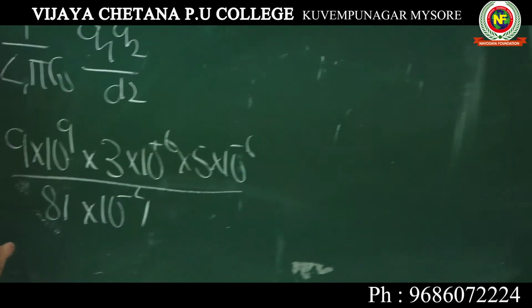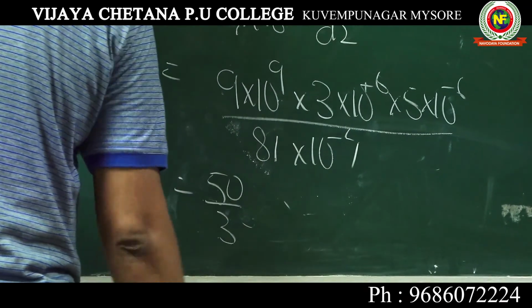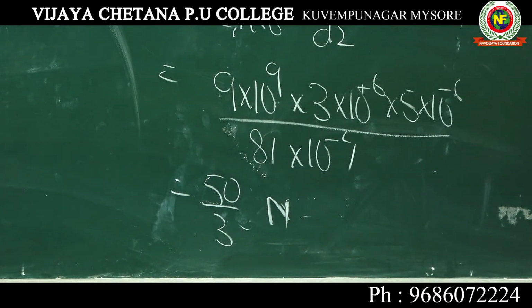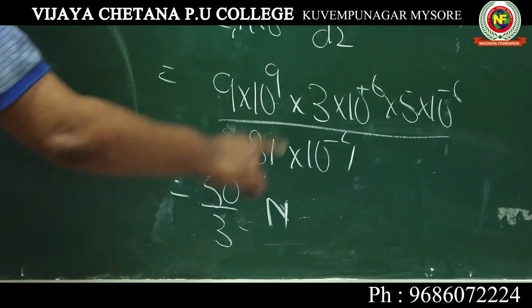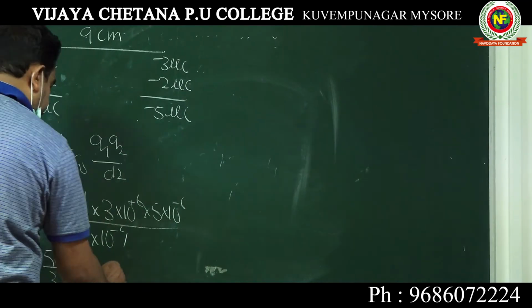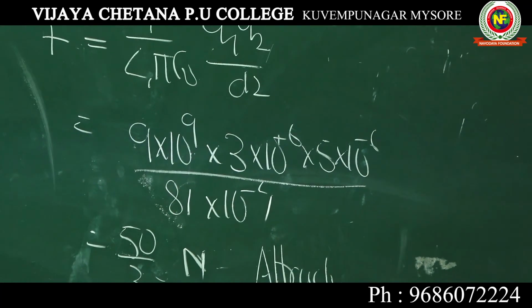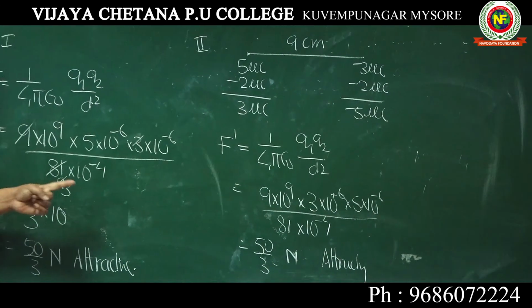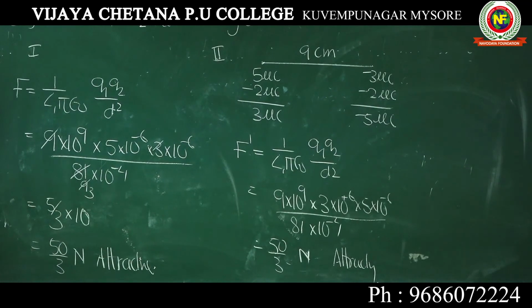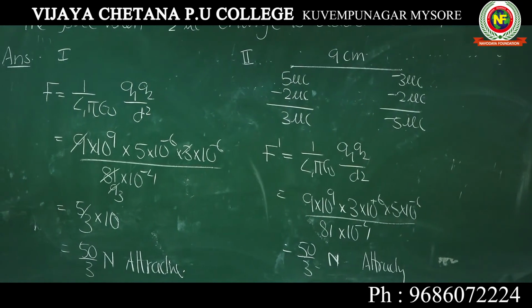On simplifying again you end up with 50 by 3 Newton. So magnitude is the same in both the cases. But now you observe, this is a negative charge. Even after adding minus 2 microcoulomb charge to both, we didn't get any change. Neither the magnitude is different nor the nature is different. Even after the addition of this charge, the magnitude and nature of the force remains the same.